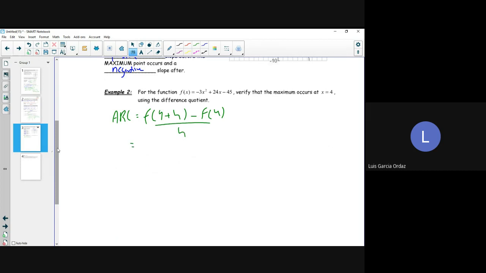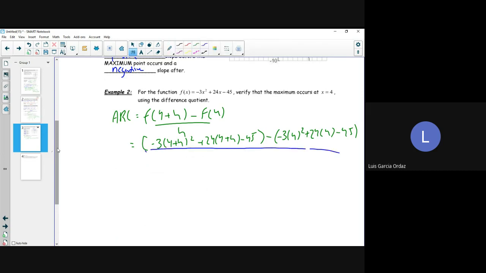Now we just sub in our equations. So we get negative 3 times (4 plus h) squared plus 24 times (4 plus h) minus 45, minus negative 3 times 4 squared plus 24 times 4 minus 45, and this is all divided by h.